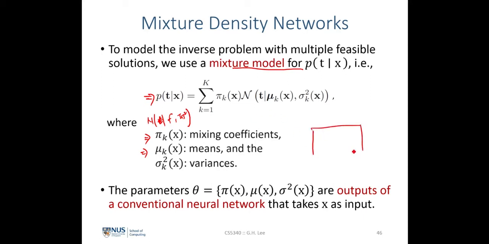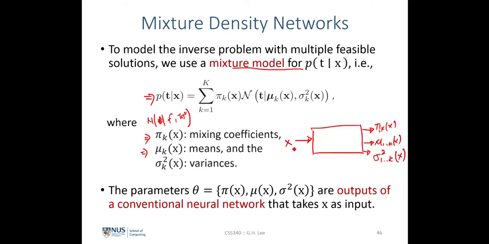This means that I'm going to design a network such that it takes in x, and this particular network is going to give me the mixing coefficients for all the Gaussian components 1 to k by taking in x as my input, as well as all my mu's from 1 to k, and sigma square 1 to k, where it's taking x as input as well.